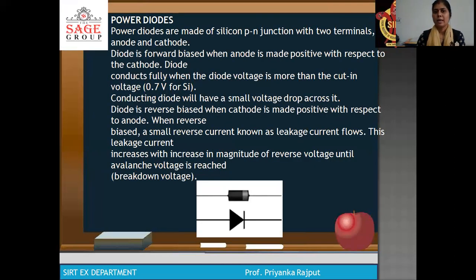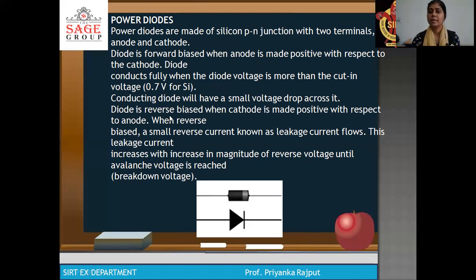Now, power diodes are made of a silicon PN junction with two terminals, anode and cathode. The diode is forward biased when the anode is made positive with respect to the cathode. The diode conducts fully when the diode voltage is more than the cut-in voltage, 0.7 volt for silicon. A conducting diode will have a small voltage drop across it.